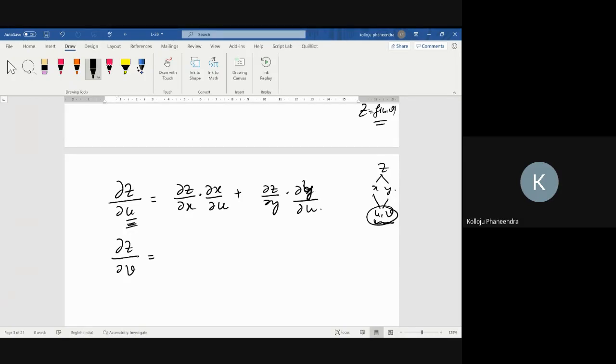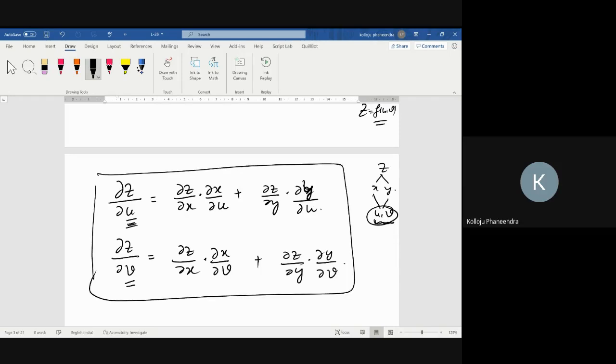Same logic here also. First, that is a function of two variables. So ∂z/∂x plus ∂z/∂y. Here, now the derivative is taken with respect to v. So here ∂x/∂v, and here ∂y/∂v. All are partial derivatives because z is a function of two variables, as well as x and y are functions of two variables. These are total derivatives of a composite function.